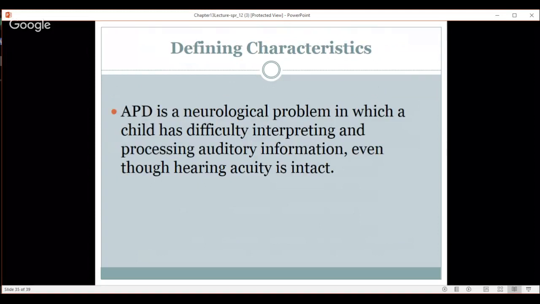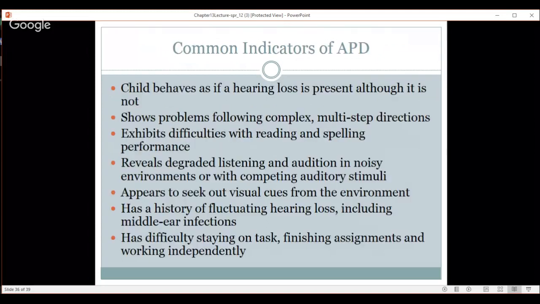Defining characteristics of APD: it's a neurological problem in which a child has difficulty interpreting and processing auditory information, even though hearing acuity is intact. Common indicators: the child might behave as if a hearing loss is present, although it's not. The child may show problems following complex multi-step directions.